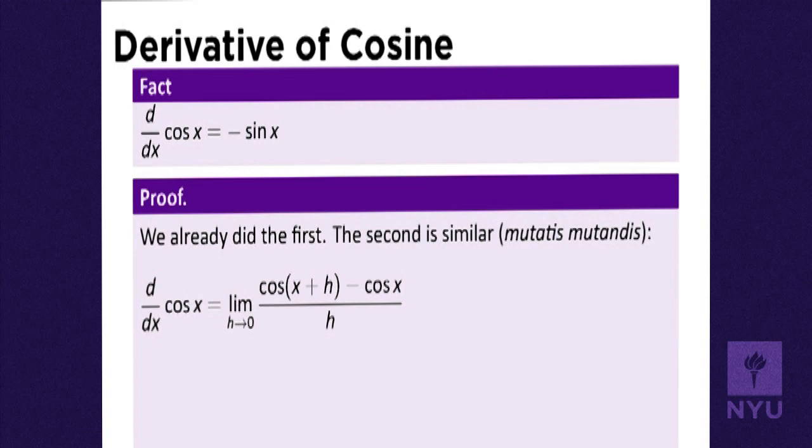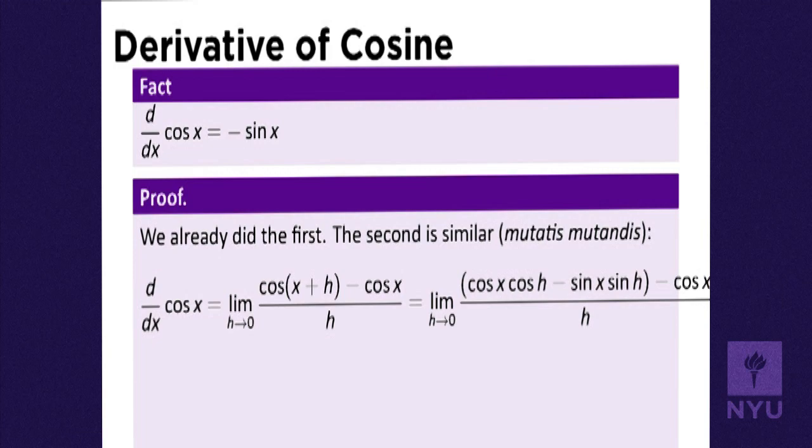Okay, that looks good. Let's do that out with the definition. The derivative of cosine is the limit as h goes to 0 of cosine x plus h minus cosine x over h. Okay. And again, we expand that cosine x plus h term. Remember that with the cosine, we go cosine, cosine, sine, sine.